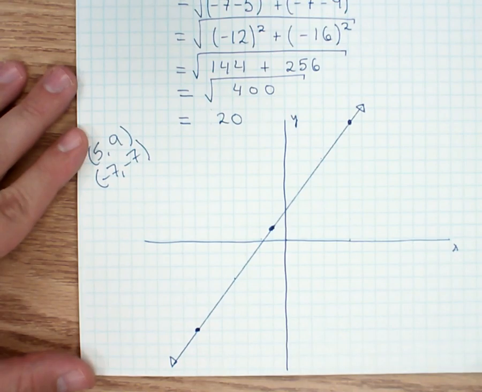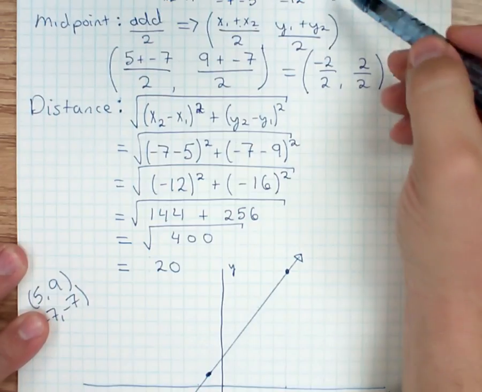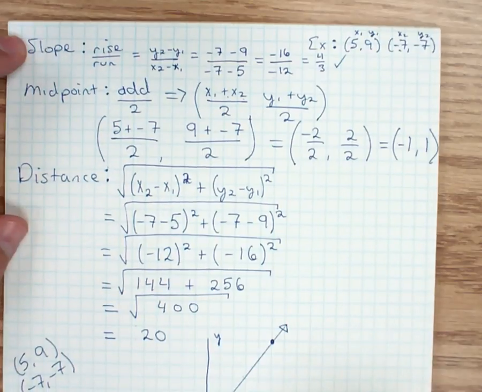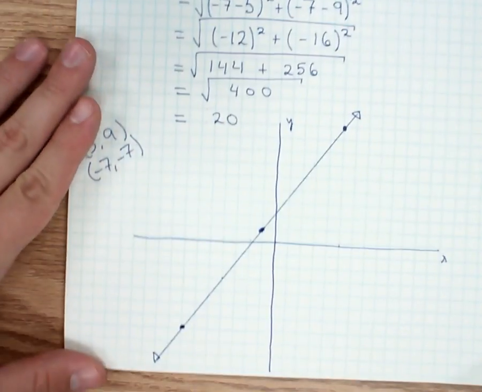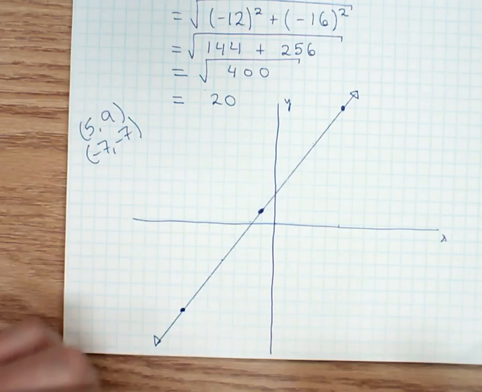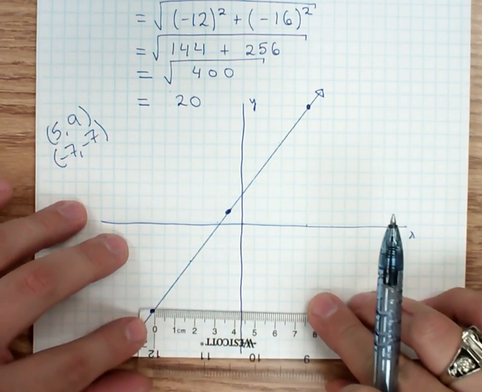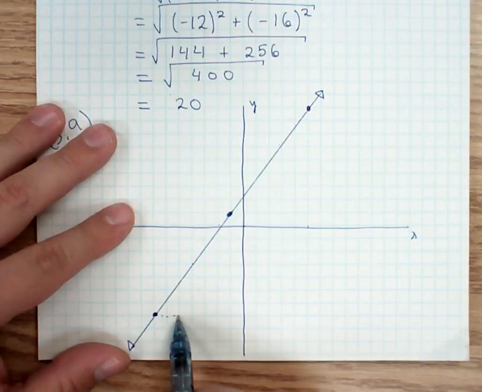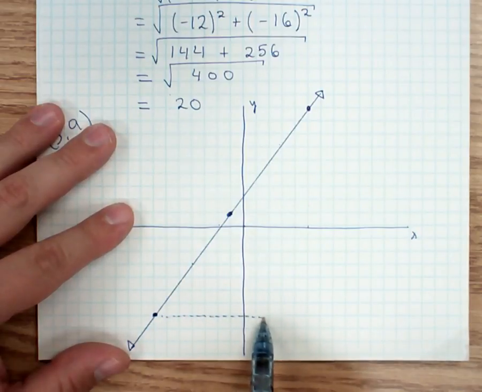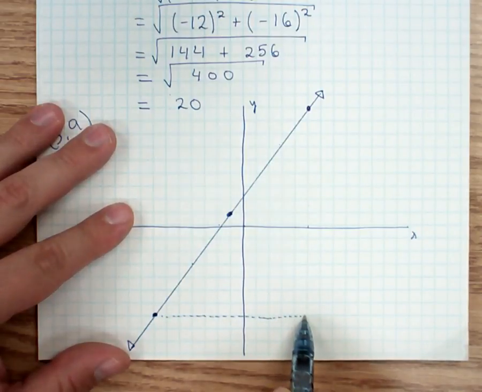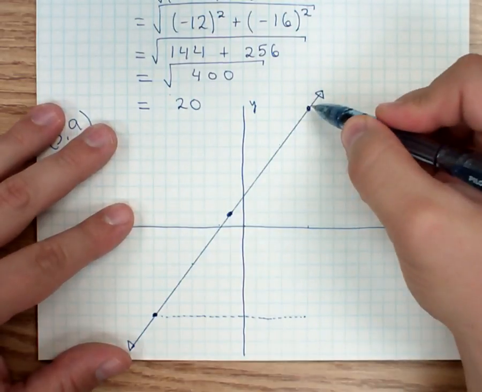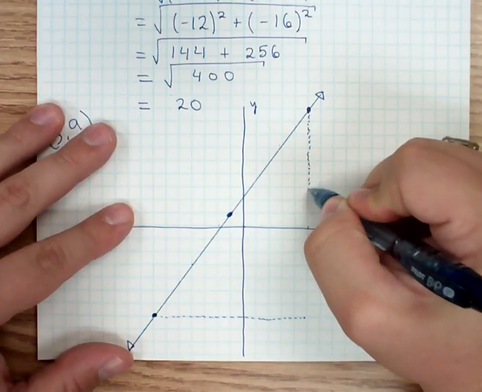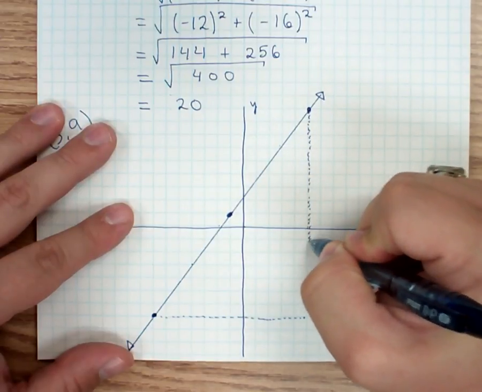And so with slope and with distance formula is where I would say the graph is the easier way, quote unquote. If I draw in this right triangle, do you remember what formula helps us out with right triangles tremendously?